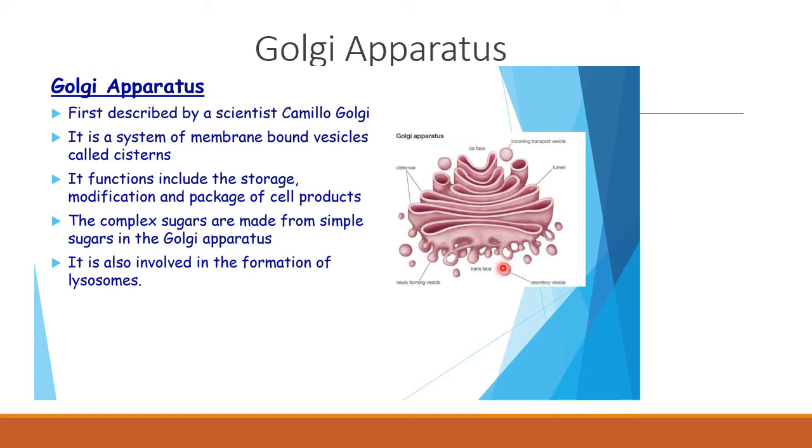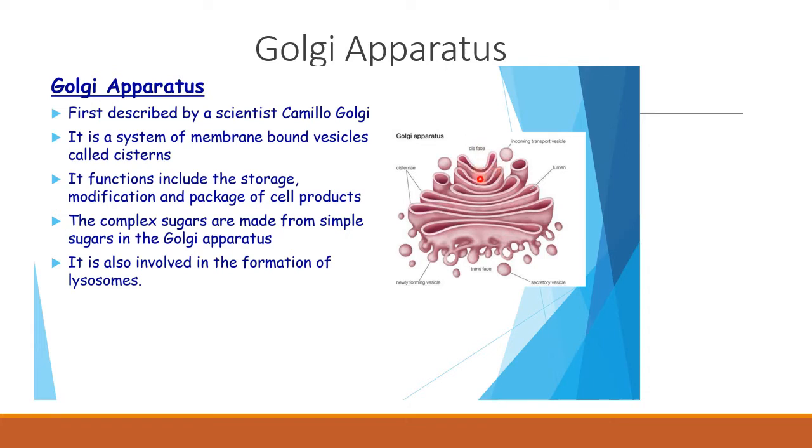Now coming to the important functions of the Golgi apparatus. The main function is storing, modifying, as well as packaging. For example, assume here is the nucleus. If proteins are synthesized, they will come out and enter through the cis phase, but those proteins are always in the form of vacuoles, present inside a bag-like structure.